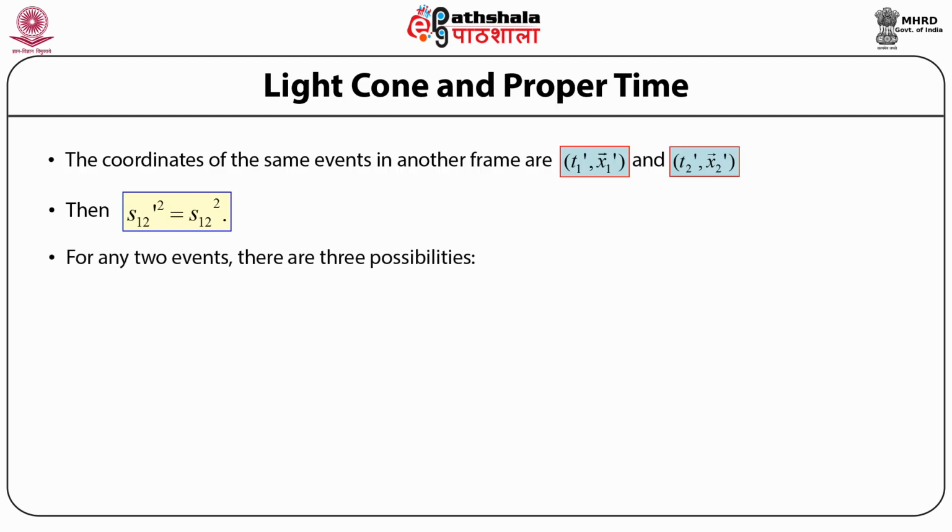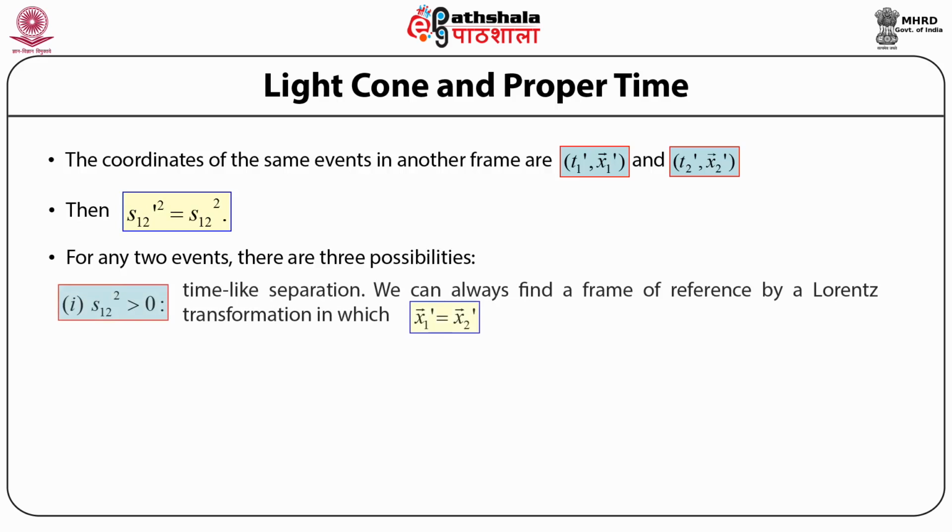Thus, for any two events, there are three possibilities that we can define from these equations and the invariant interval. The first of the three possibilities is s12 squared greater than 0.